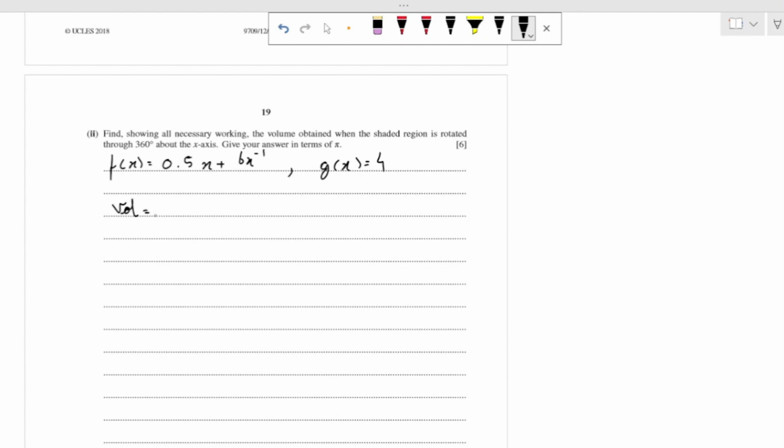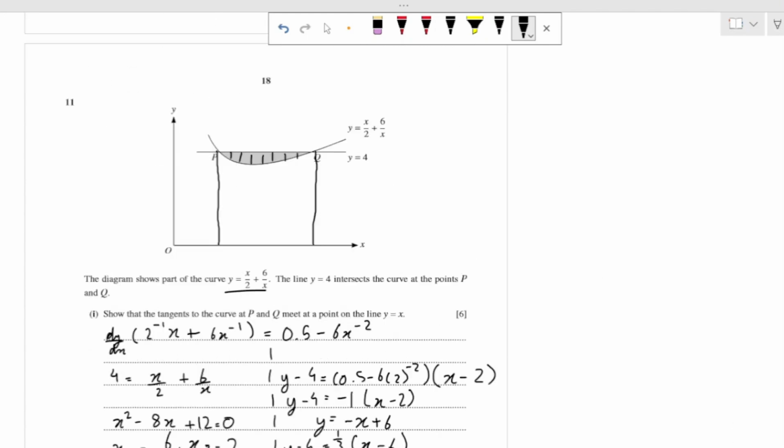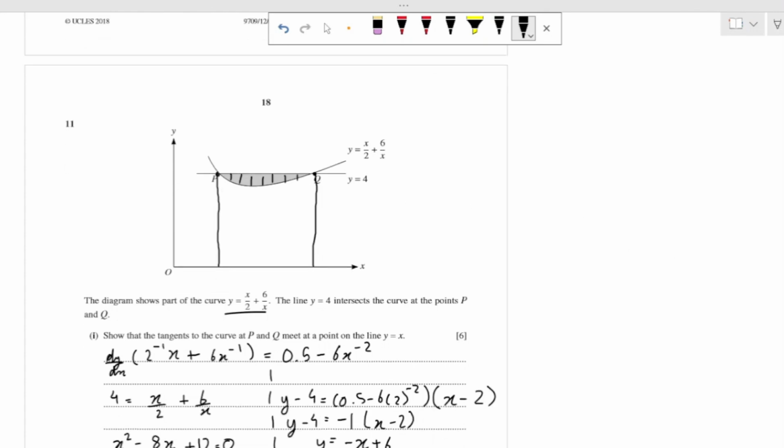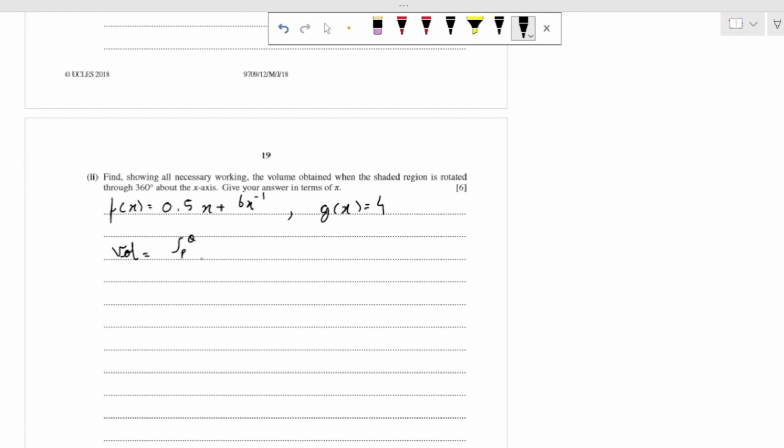And to find the volume, that would be the definite integral between the limits of q and p, because I said when the shaded region is rotated and the shaded region is enclosed by the curve, the line, and the limits. Limits will be taken, of course, of the x coordinates, limits q and p, and that would be found by pi y square dx.